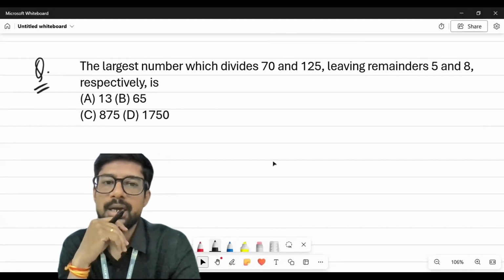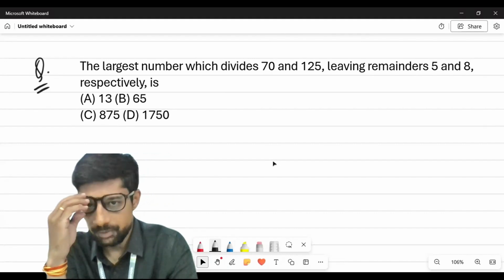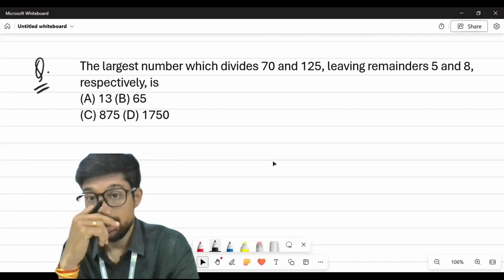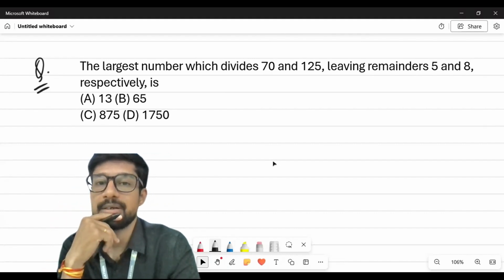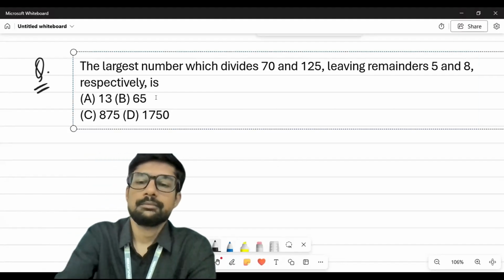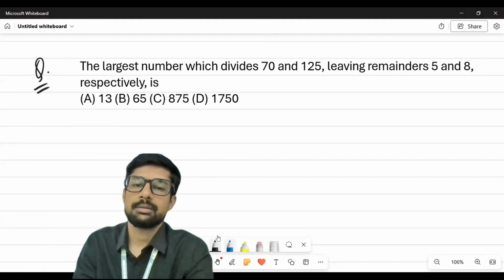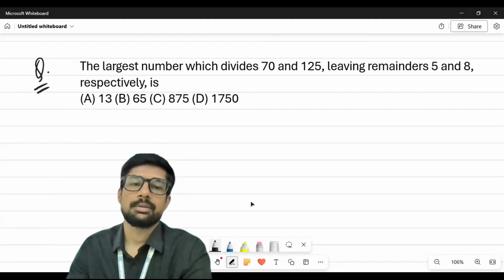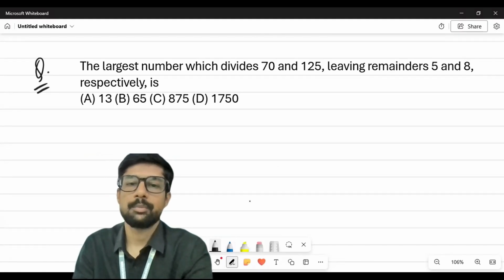We have to find the largest number that divides 70 and 125, leaving the remainders 5 and 8 respectively. This question is from the exemplar, first exercise, 5th question. We are taking exemplar 1.1.